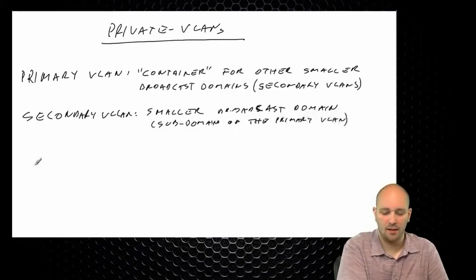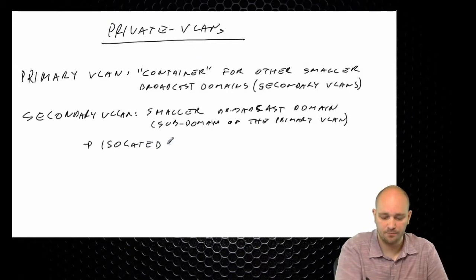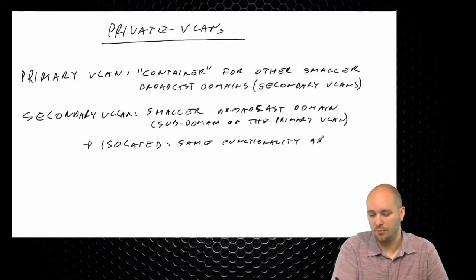The next thing is that secondary VLANs come in two flavors. We have isolated, which basically provides the same functionality as protected ports.